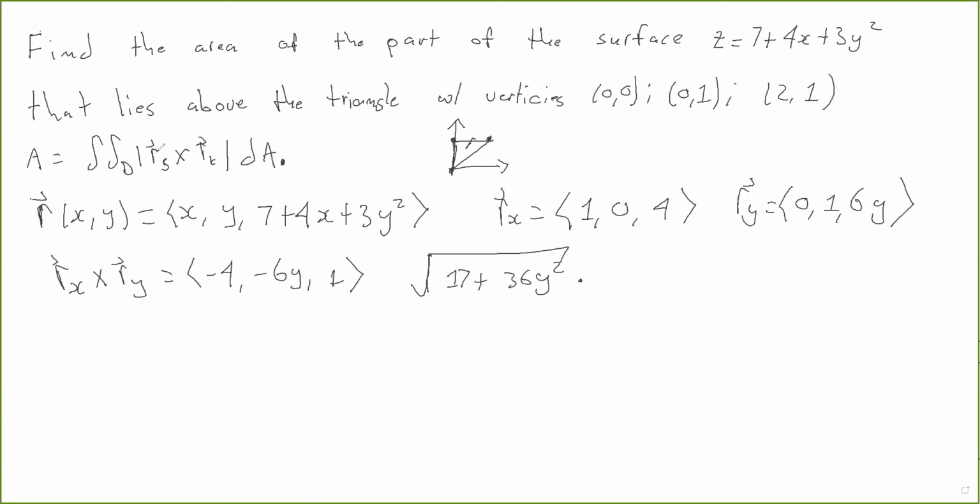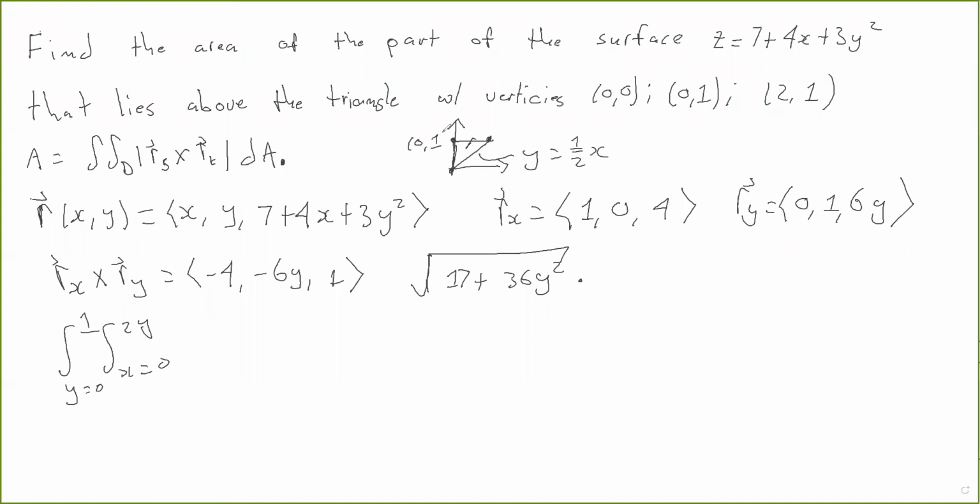Okay, so now we're going to integrate this over the parameter domain. This line right here is y equals 1/2 x. So the integral is going to be from x equals 0 to 2y, y equals 0 to 1. This is 0, 0.